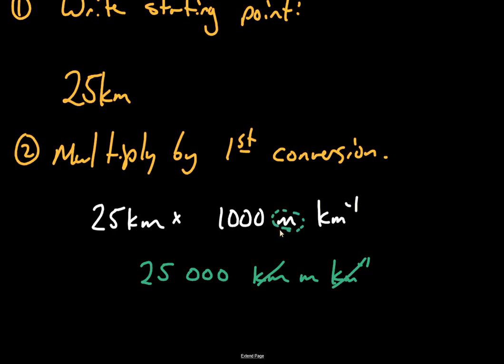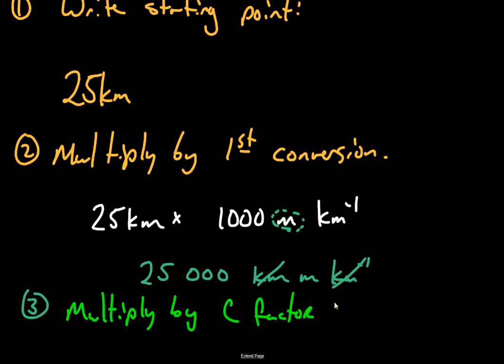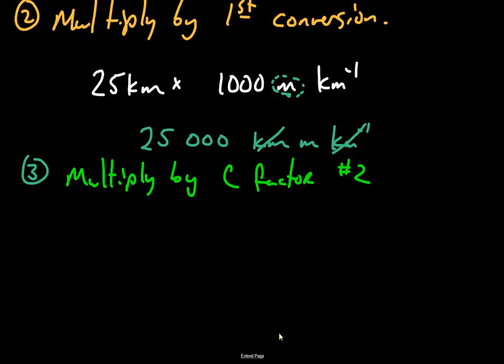So our first step is to go to meters. Then we multiply by the second conversion factor. The second conversion factor is going to take your meters, 25,000 meters, or if you want, 2.5 times 10 to the 4 meters, times the next conversion factor, which is that there's 1,000, or 1 times 10 to the 3 millimeters for every meter.